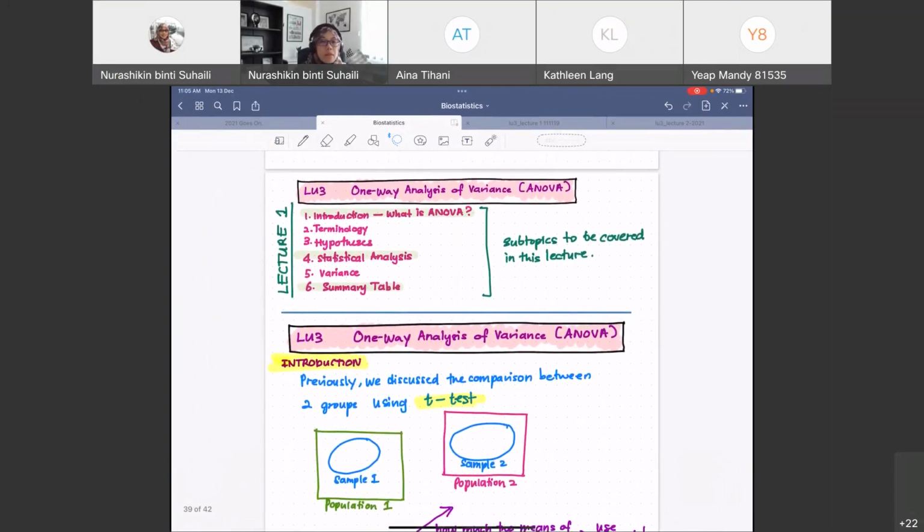LU3 is entitled One-Way Analysis of Variance, ANOVA. That's the short form of it.